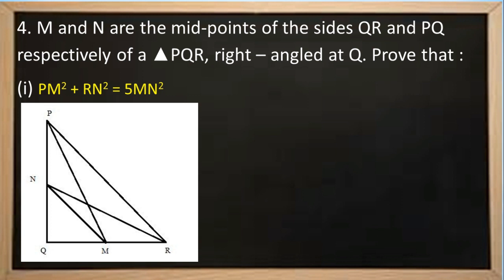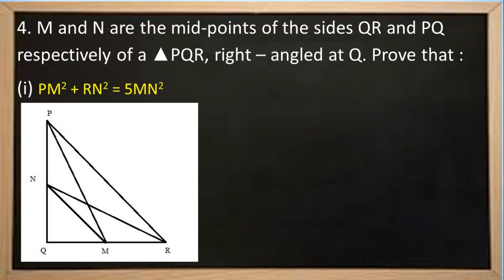So let me go deep into this. The next slide I'm going to explain is only for your learning purpose. Don't copy that. So let us identify what is given first. M and N are the midpoints of the sides QR and PQ respectively of a triangle PQR right angled at Q. Now let us go in reverse manner.